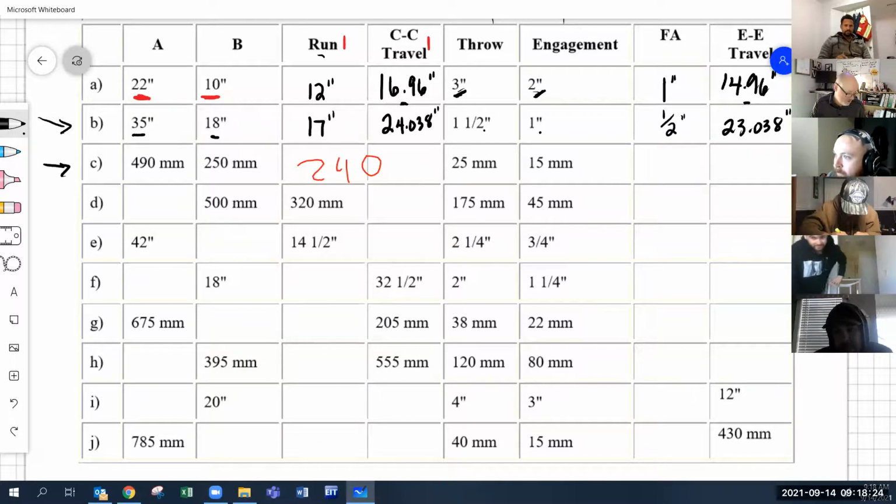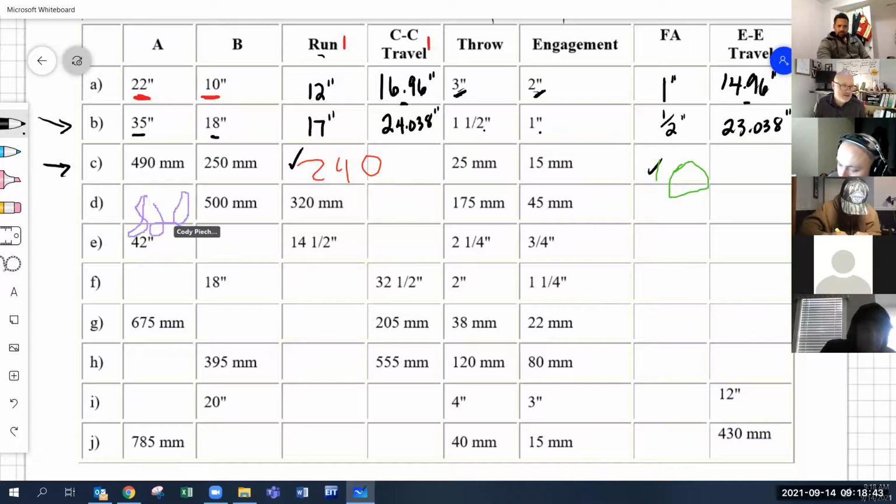Okay, 240. Let's see. That's C. That's correct. That's right. That's right. Why do I not have this button? Be at the top of your screen. Yeah.